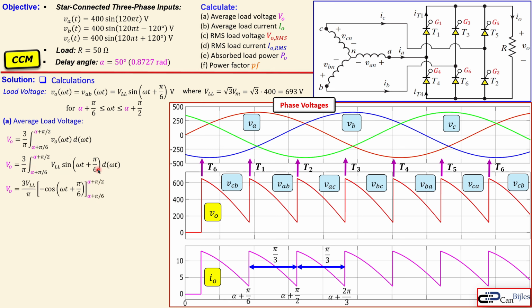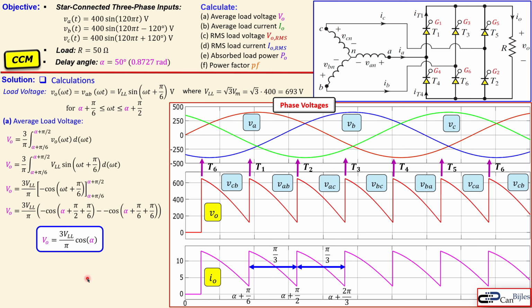We evaluate this sine, which gives minus cosine of the argument, and the VLL will be taken out of this integral, and that will result as you substitute first this limit and then the next one. You have now the result, which is easier and simpler than the DCM condition: 3 times the line-to-line voltage over pi times the cosine of alpha.